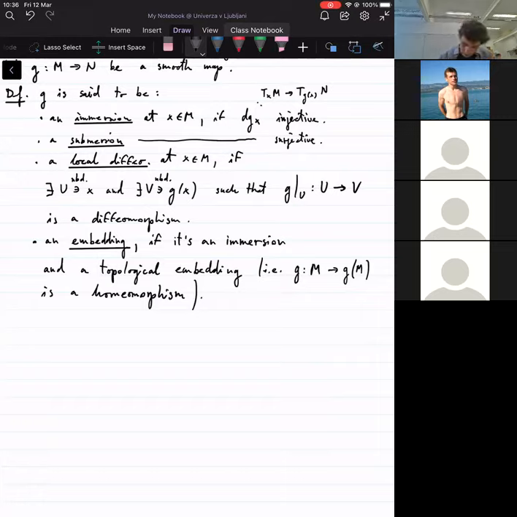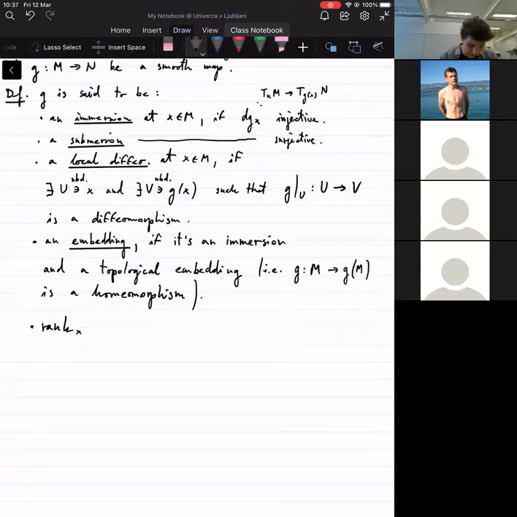Okay, and we also define what a rank is. So this now, yeah, it doesn't continue this sentence here. Okay, I'm just gonna write it here nevertheless.